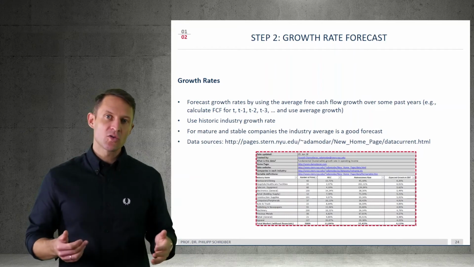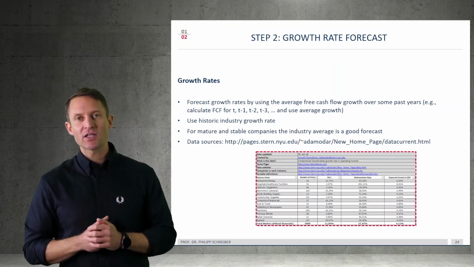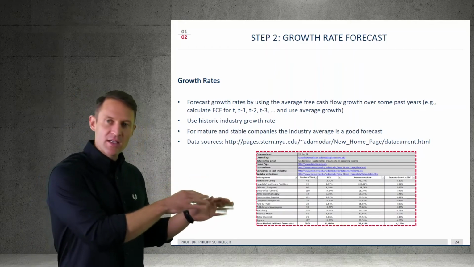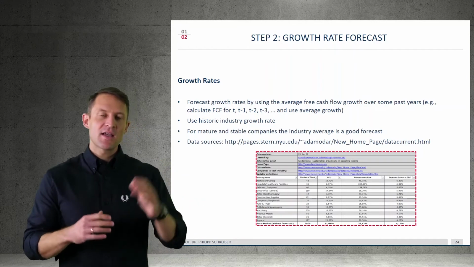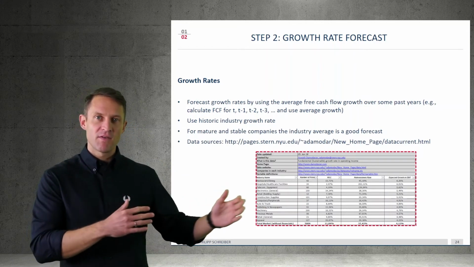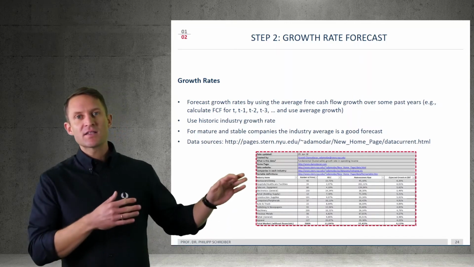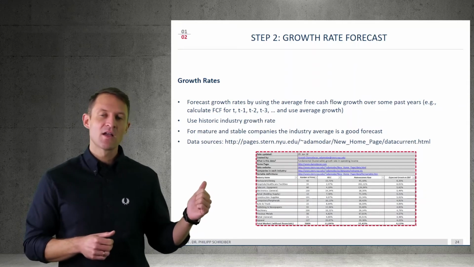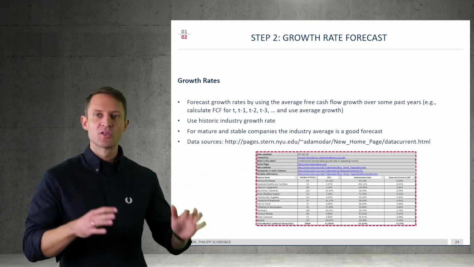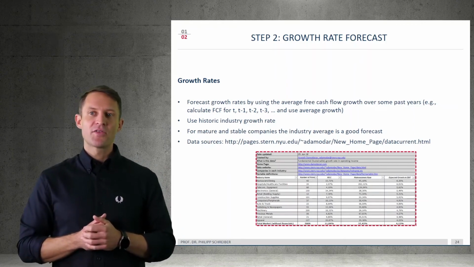You could also say, maybe I use not only the cash flow growth of this particular company I'm looking at, maybe I do it for the whole industry. Let's say you're an Adidas investor or a potential Adidas investor. You could say, let's not only take the cash flow growth of Adidas in the past, but let's use the whole sporting goods industry. And for mature and stable companies, I think that makes sense.